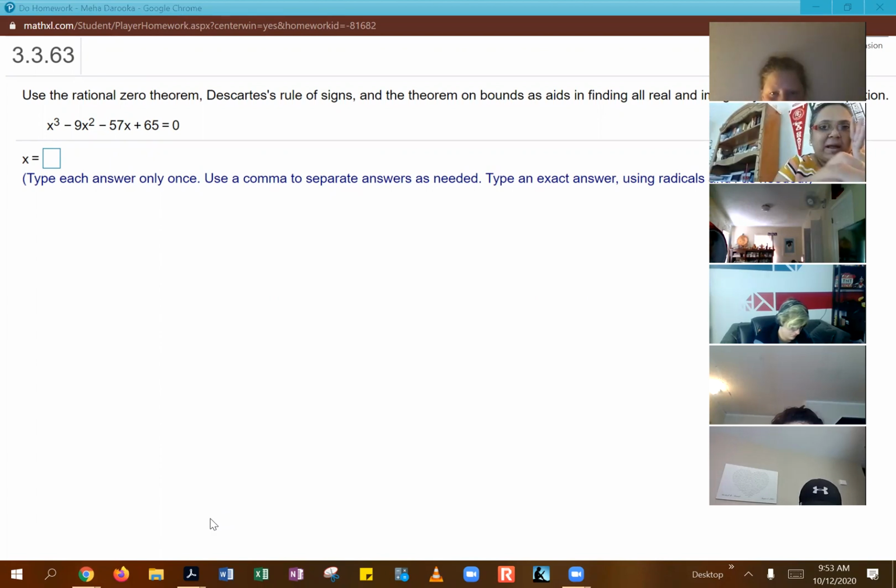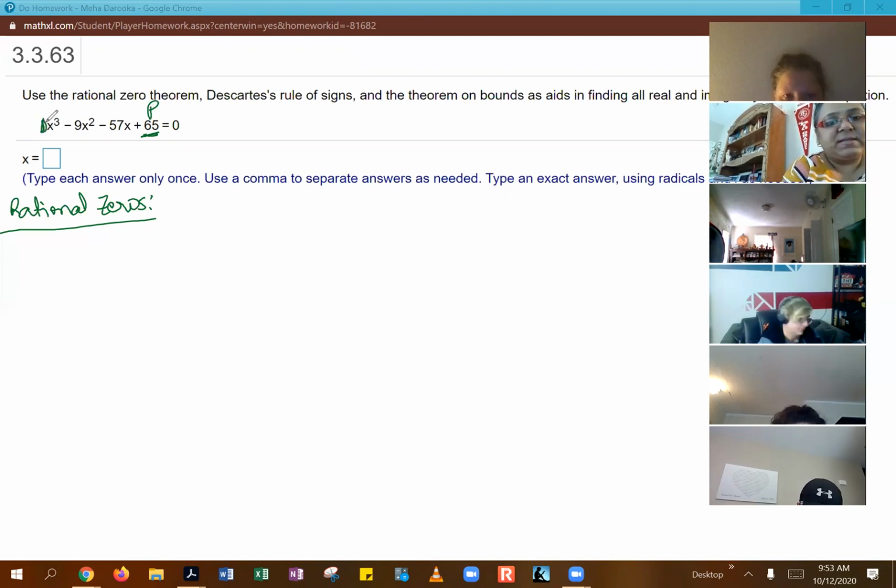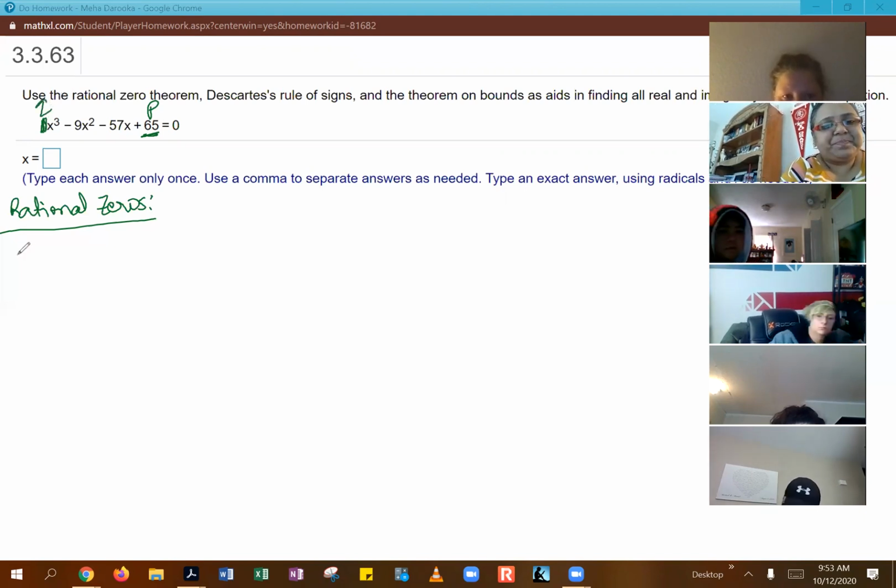So remember, with the rational zero theorem, we take the factors of our constant term, which become the p values, and then we take the constant from our leading coefficient, which in this case is number 1, and that will become our q values.